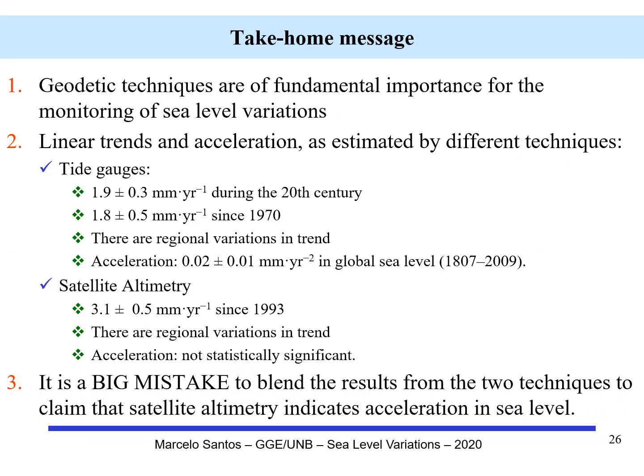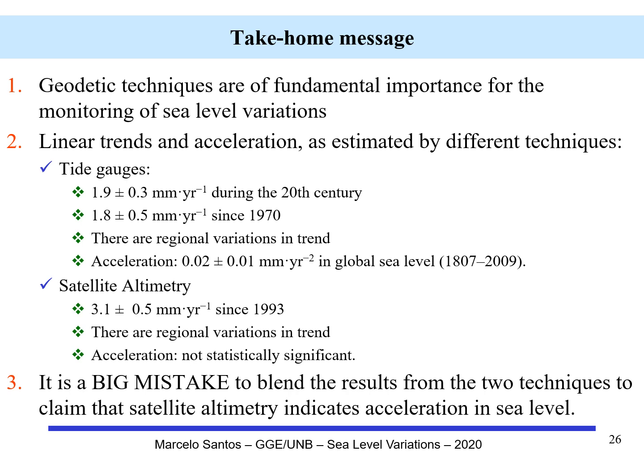Our take-home message is as follows. Number 1, geodetic techniques, tidal records, GNSS, and satellite altimetry are of fundamental importance for the monitoring of sea level variations. Number 2, linear trends and acceleration, as estimated by different techniques. Tide gauges: 1.9 plus or minus 0.3 millimeters per year during the 20th century, 1.8 plus or minus 0.5 millimeters per year since 1970.